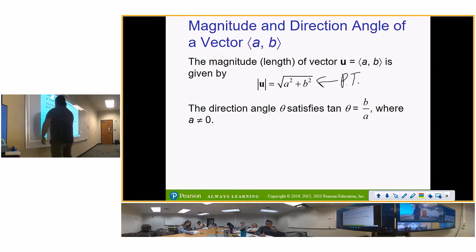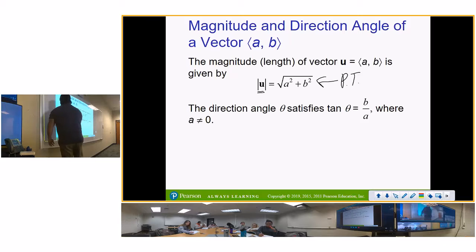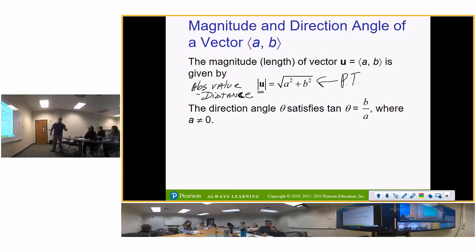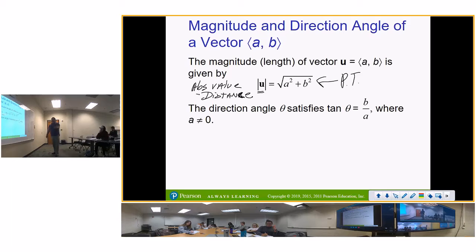So, if I want to find the magnitude, notice how the magnitude is written. Why is it written as an absolute value? Because absolute value is basically, in physics and in math, distance. The absolute value of -4 is 4. It's 4 spots from 0. The absolute value of +4 is 4. It's 4 spots from 0.